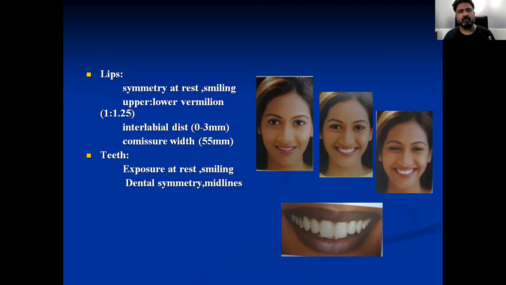Sometimes you have to go beyond these rules, because some patients don't like a gummy smile, but in some patients a gummy smile suits them. Like some of our Bollywood actors have a gummy smile and it suits them better. So these rules depend on the choice of the patients.